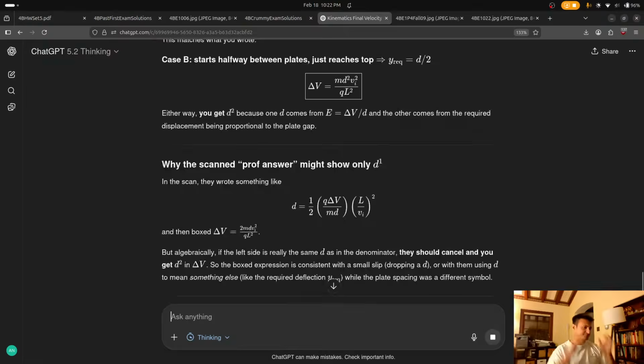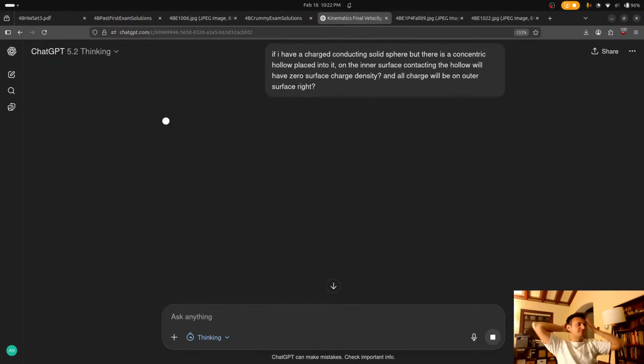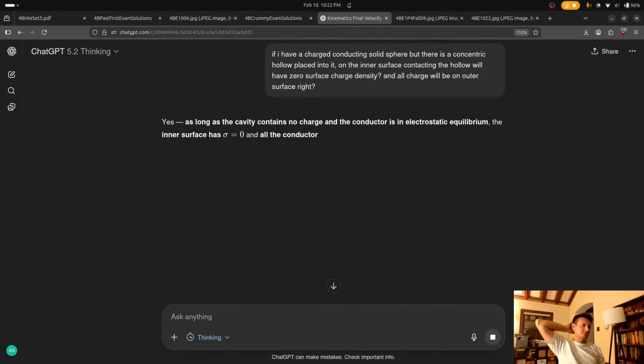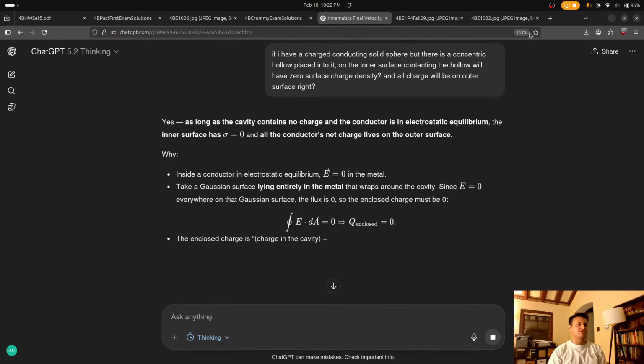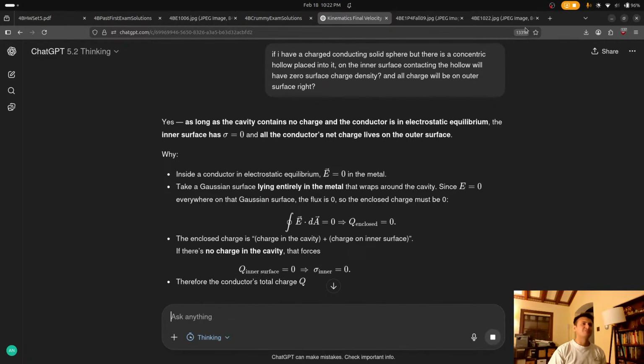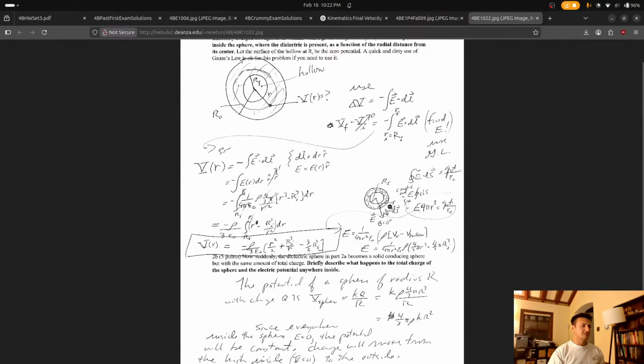Right? That's actually super weird. Yeah, as long as the cavity contains no charge. That's actually super weird. Okay, this is a good one.